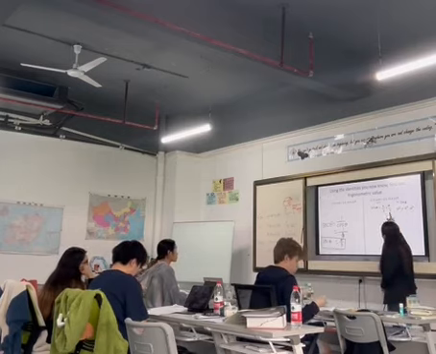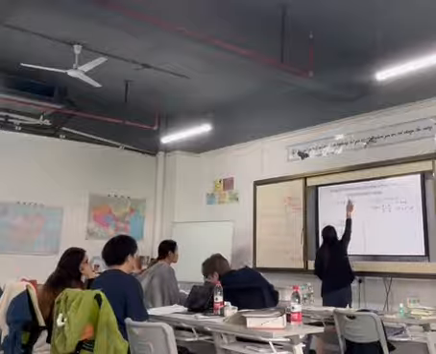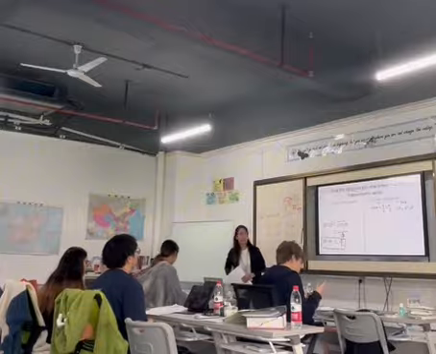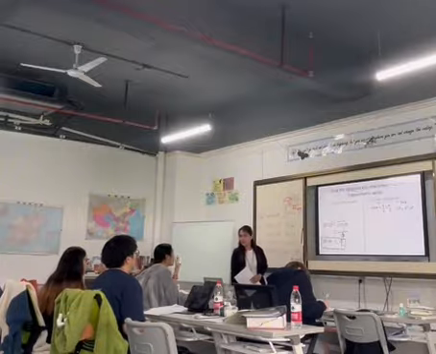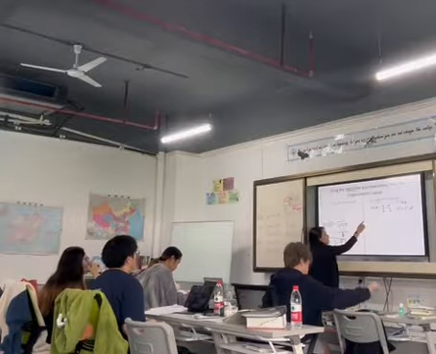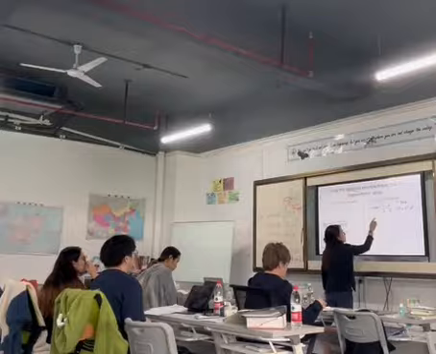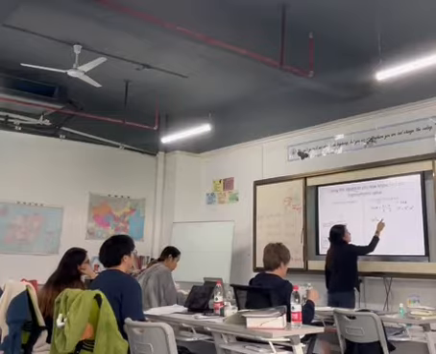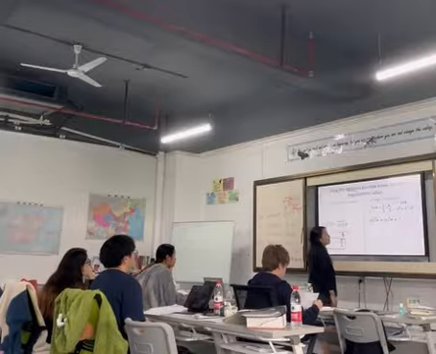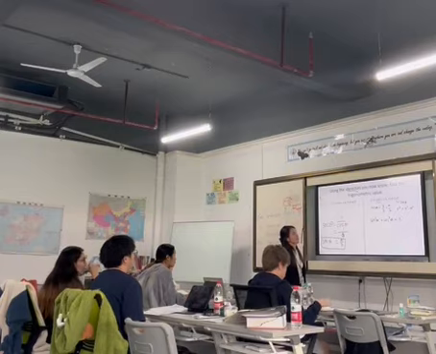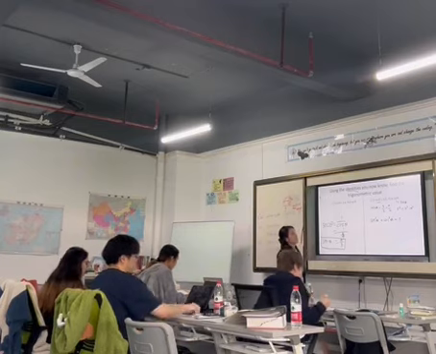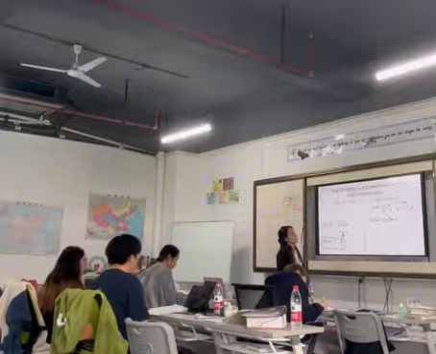But using the identities, what identities would be required? So sine squared theta plus cosine squared theta is equal to 1. Next, sine theta equals 1 over cosecant.